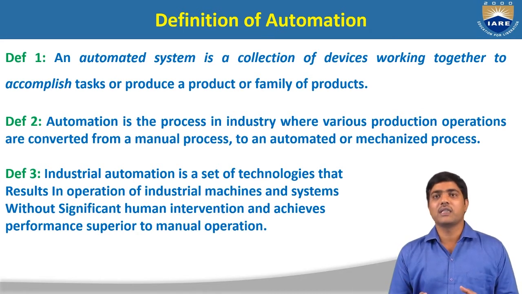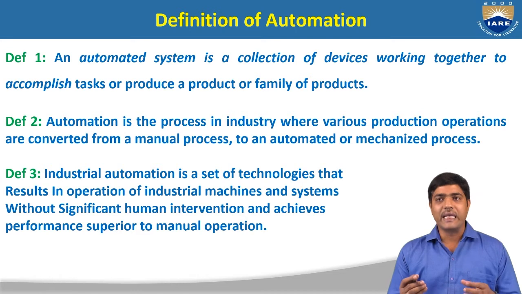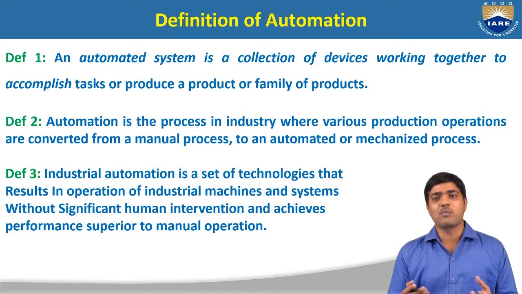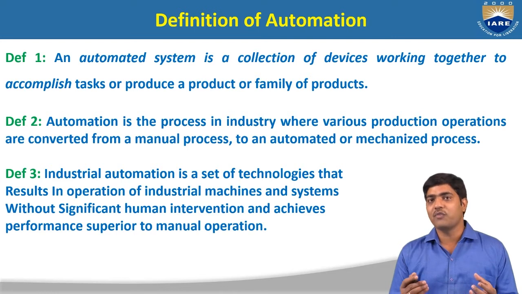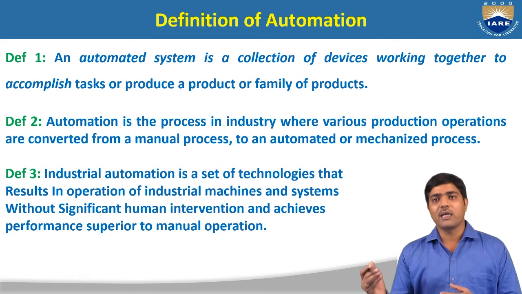And the second definition: automation is the process in industry where various production operations are converted from a manual process to an automated or mechanized process. If you go to any chemical process or industry, in the olden days, at each and every place, human beings inspected the process, from mixing the various chemicals to the packing of the chemicals.